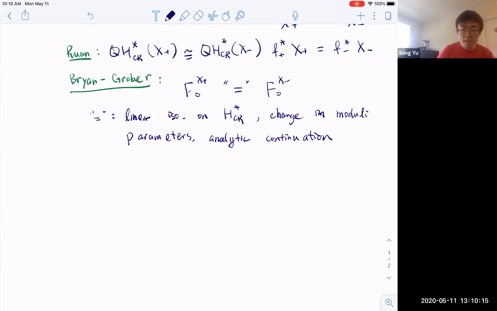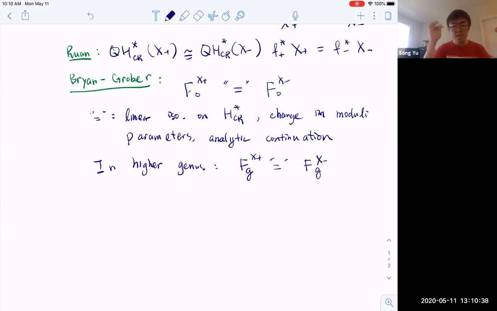Yeah, so you can certainly generalize this proposal to higher genus. In higher genus, we simply would like to identify the higher genus Gromov-Witten potentials of X plus and X minus.